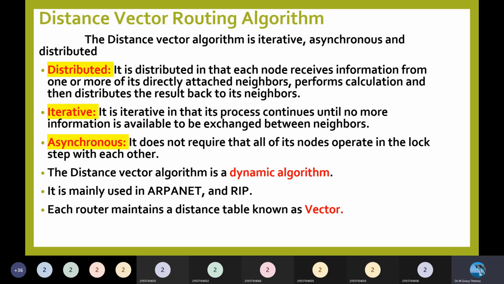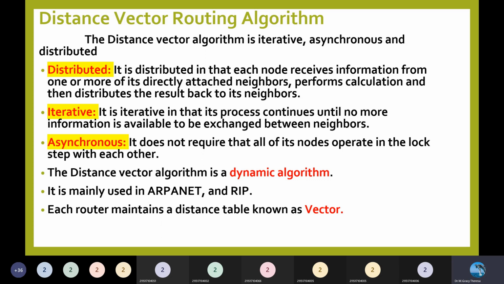When a new node is set up in a new environment, it does not know what the environment is. So until it learns about that environment, it continuously shares and gets information. That is why we say it is iterative. It doesn't stop; it goes on iteratively. That is one of the characteristics of this distance vector routing algorithm.